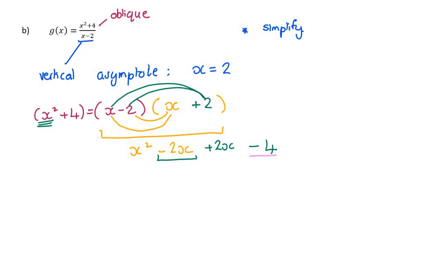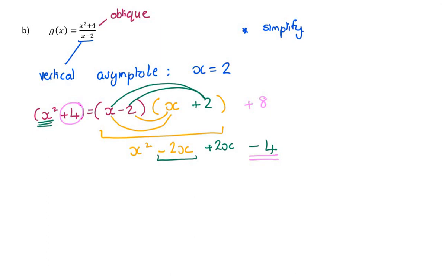Now, minus 4 is not what I want. To be honest, in this particular question, I actually don't care what the remainder is. But when we go to the next video, I'm going to care about the remainder because it tells me whether I need to plot where the graph cuts the asymptote. So if I'm at minus 4, how do I get up to plus 4? I need to add 8.